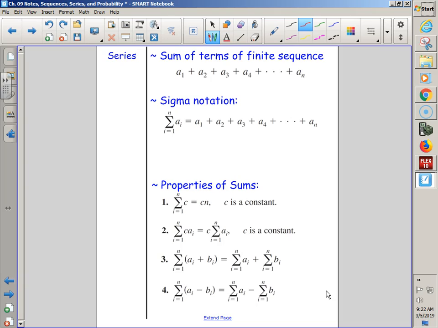Remember, section 9.1 is a big intro section, and so it's also introducing us to sigma, or summation, notation.